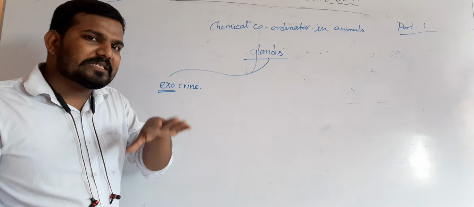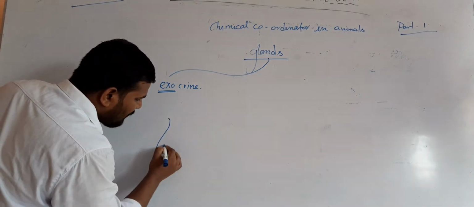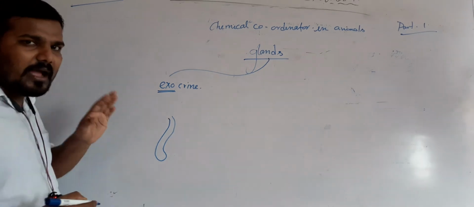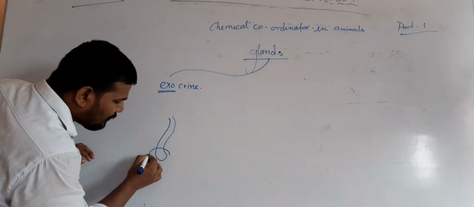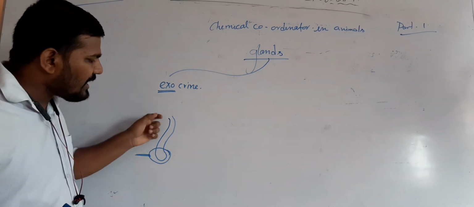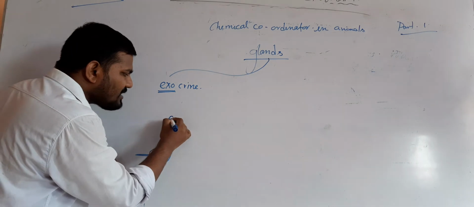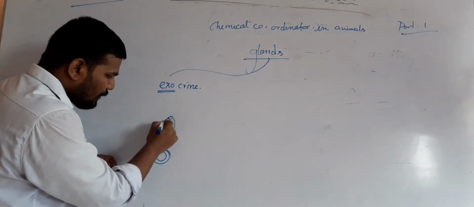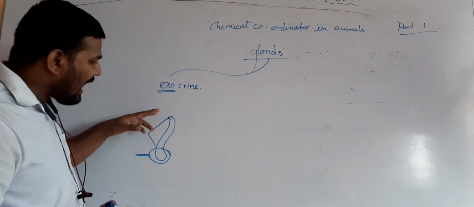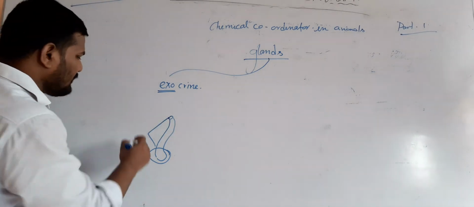When we discuss the structure of an exocrine gland, this is a diagram of an exocrine gland. The glandular portion is present at the bottom layer. This gland contains a tubular structure which has an anterior opening, known as a duct.